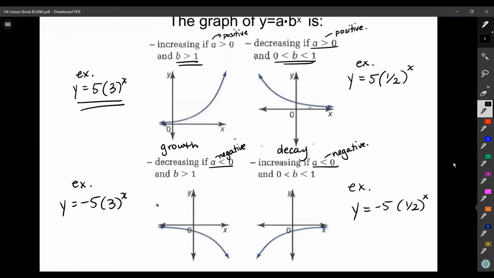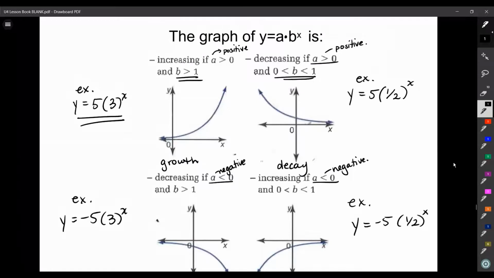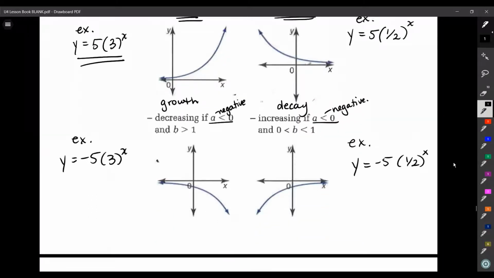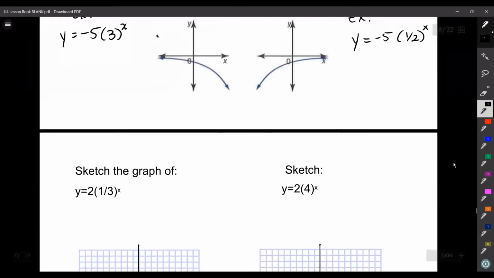So we're going to take a look at creating really quick sketches of graphs based on whether a is positive and b is greater than 1, or in between 0 and 1, or whether a is negative, that kind of idea. Just so we can start to understand what the equation does once we change the a and b values.